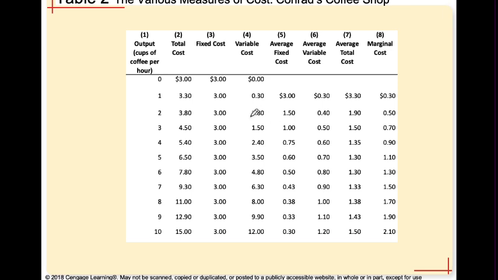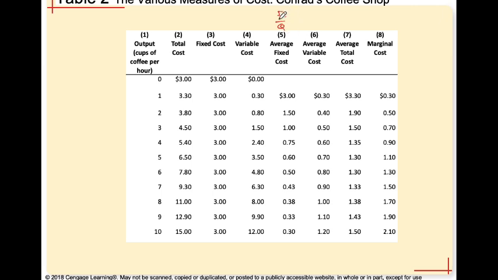So what we've discussed is that as quantity goes up, total variable costs increase, while fixed costs are constant because they have nothing to do with what is being produced. As we discussed with the average fixed cost, it is fixed cost divided by quantity.